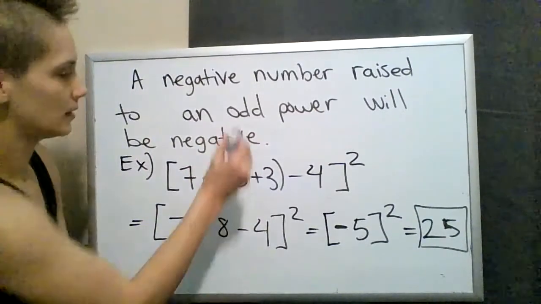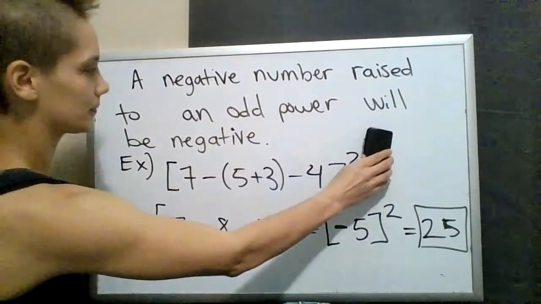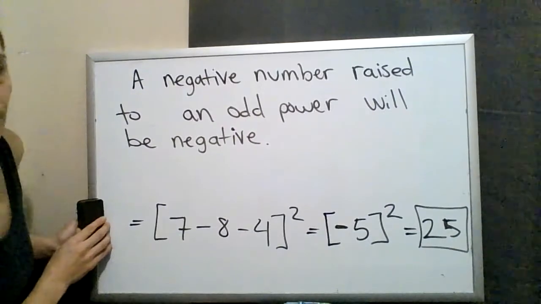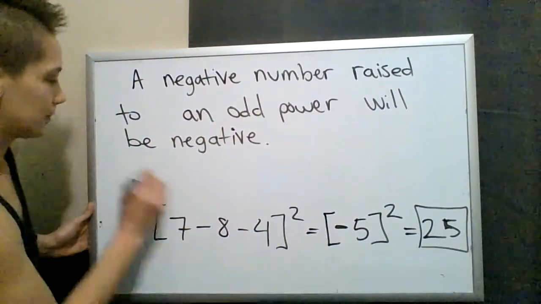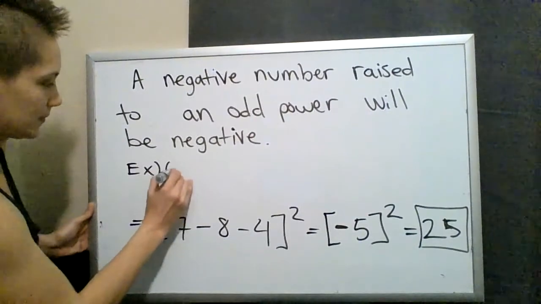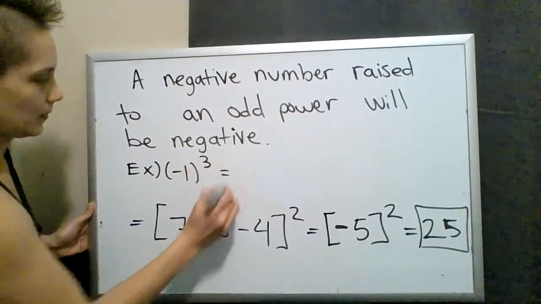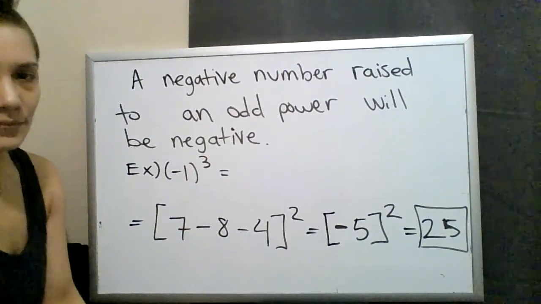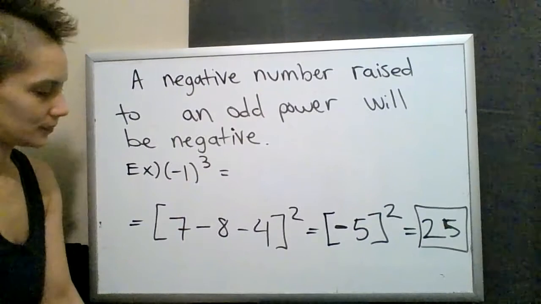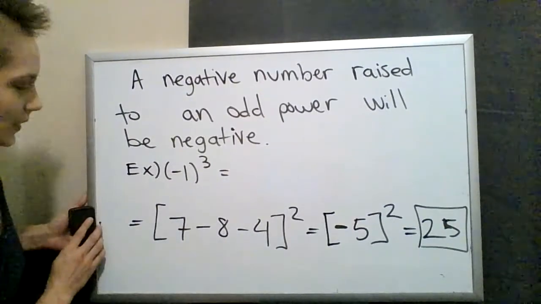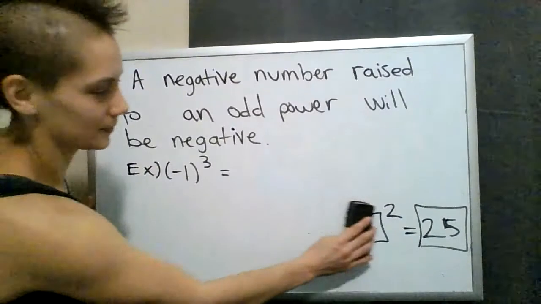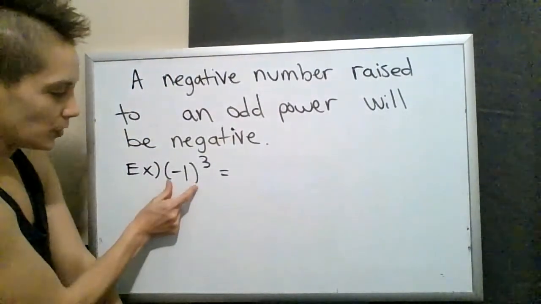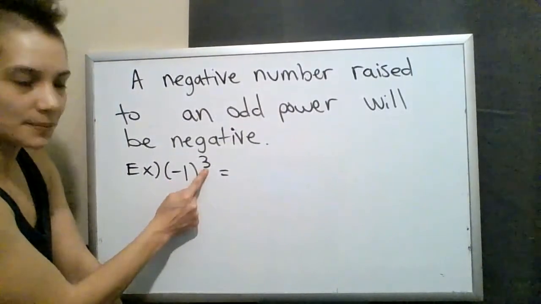Let's do cubed. So I'm going to multiply -1 with itself 3 times.